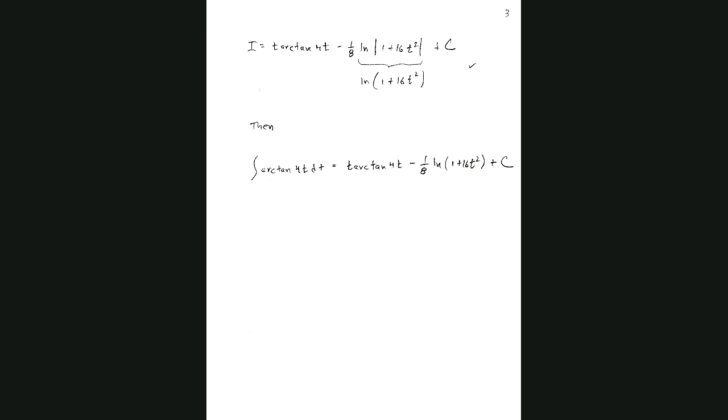And that's what we do. But 1 plus 16t squared is always positive, so we can drop the absolute values because we don't need them, and we get our final answer for the antiderivative.